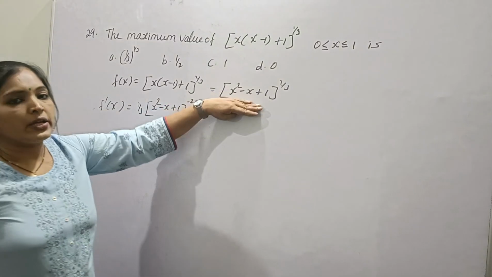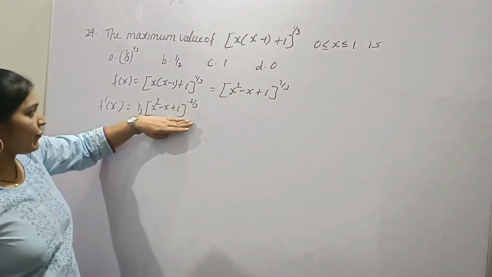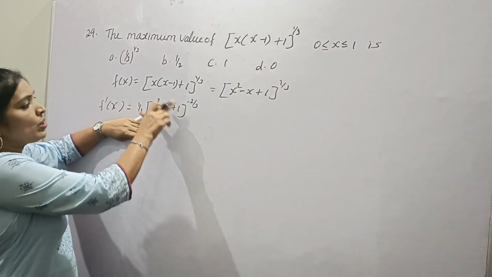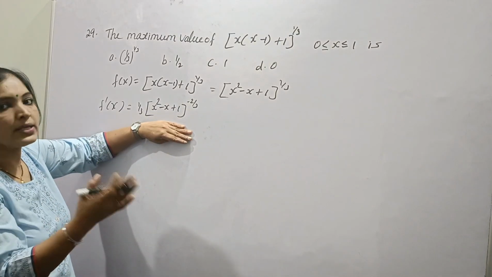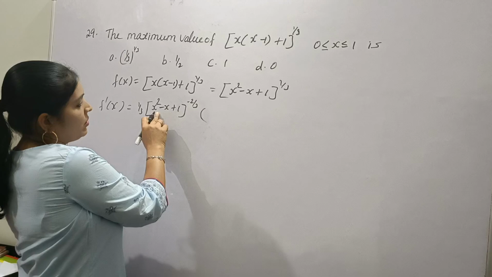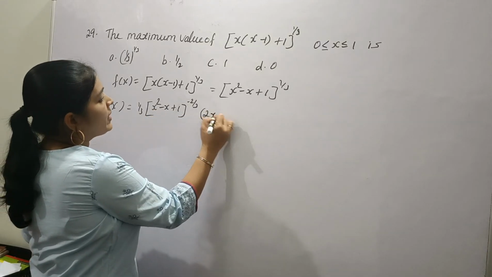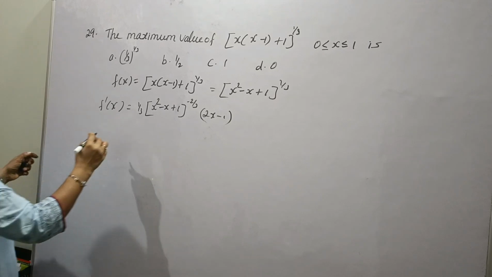The derivative of x raised to n is n into x raised to n minus 1. In the same way, that is 1 by 3 minus 1, that is minus 2 by 3, into the derivative of the inside function, that is 2x minus 1. So it is our f dash of x.